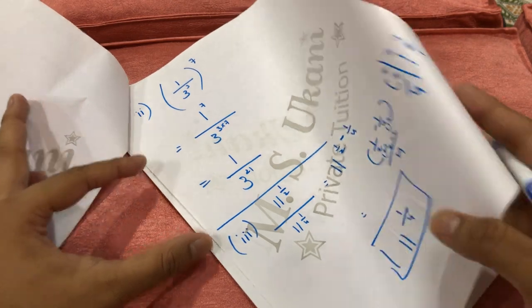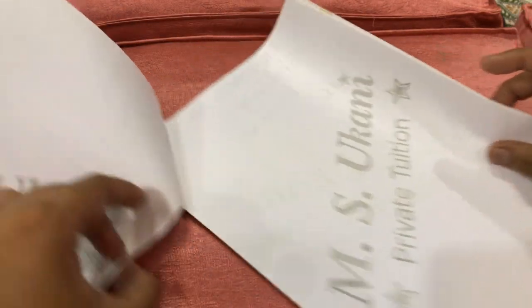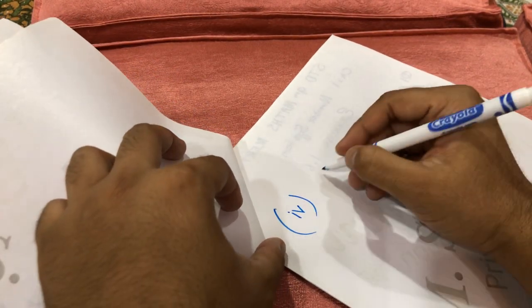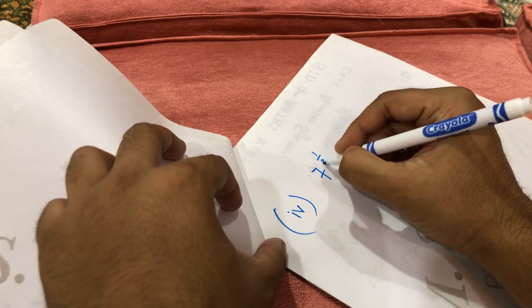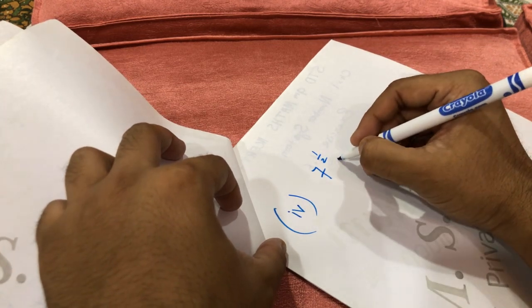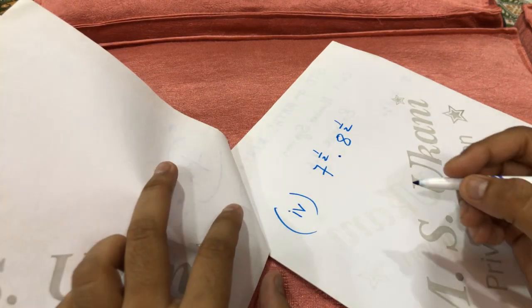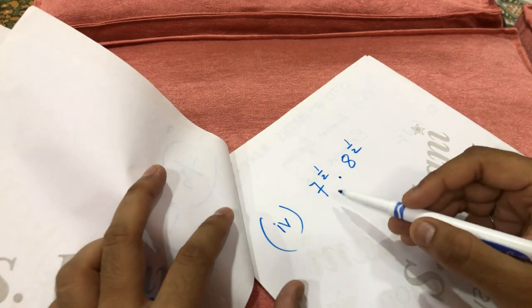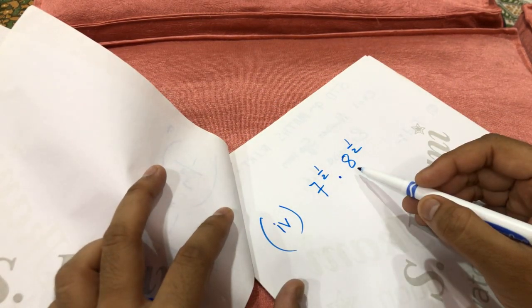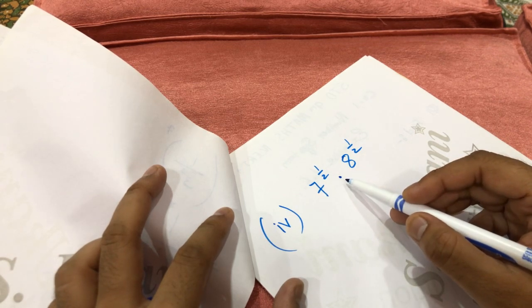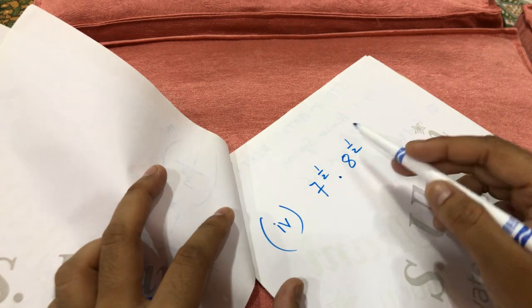Now let us move to the fourth one, that is 7 raised to 1 upon 2 multiplied by 8 raised to 1 upon 2. Now observe the question. The bases are different, the multiplication sign is there, and the power is the same.